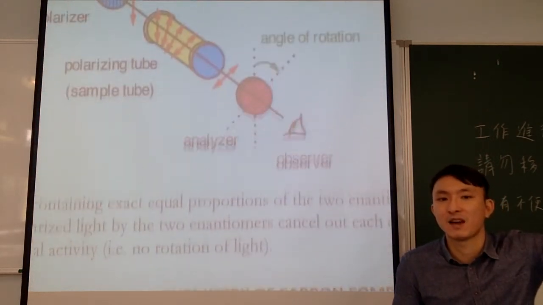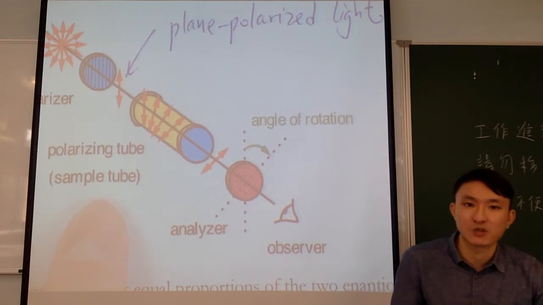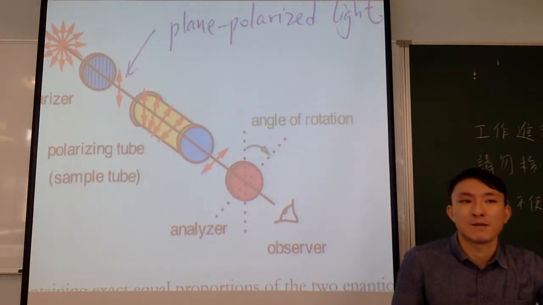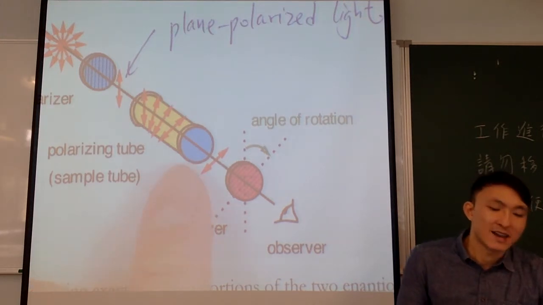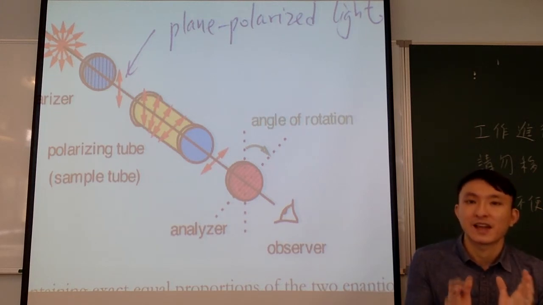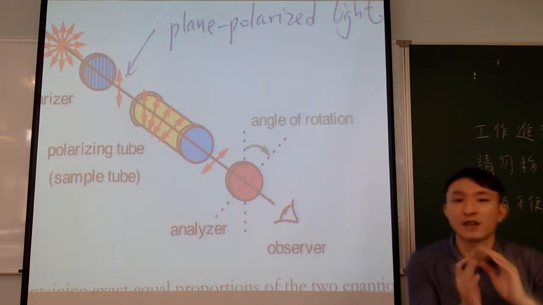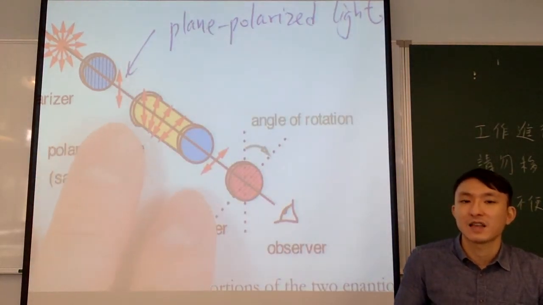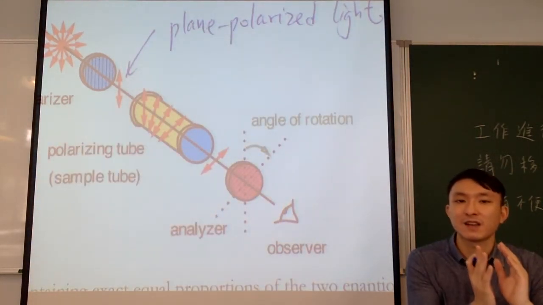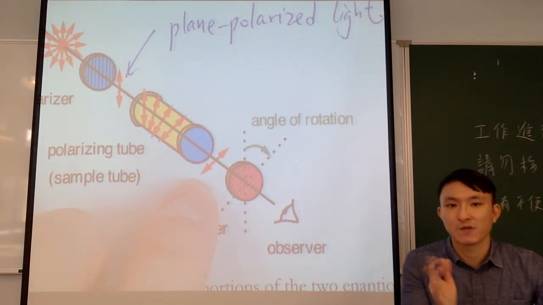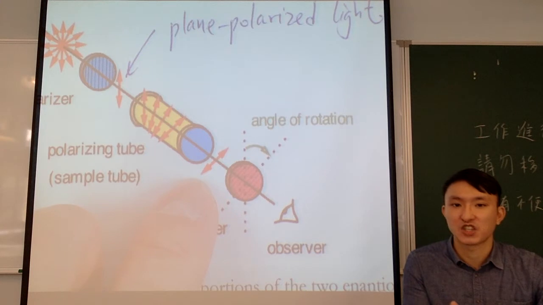Our sample container, we call it a polarizing tube or a sample tube. This is the place where we put in our sample. And if our sample is enantiomers, they are able to rotate a plane polarized light. As they rotate the plane polarized light, obviously the direction of the wave will also be changed.